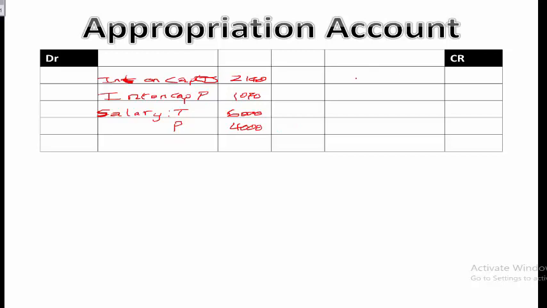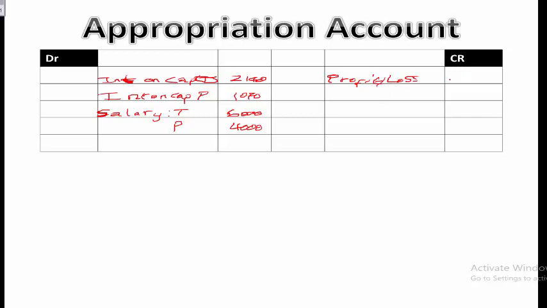So normally in the appropriation account, you balance this out with what you call the profit. So I'm cheating here because I've already done the income statement. So the profit or loss.